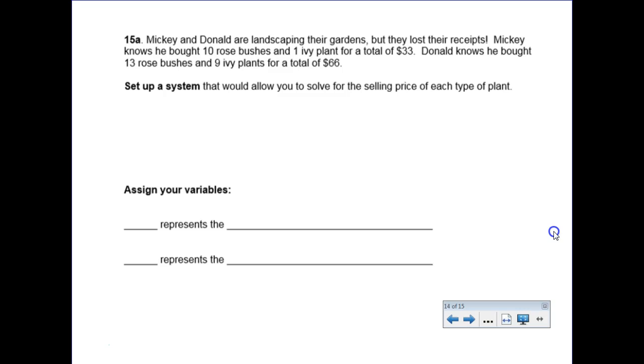One more topic. We're going to be setting up variables and systems based on story problems. So we have Mickey and Donald are landscaping the garden. They lost their receipts. Mickey knows he bought 10 rose bushes and 1 ivy plant for a total of $33. And Donald bought 13 rose bushes and 9 ivy plants for a total of, I can't read that, I think it says $66.